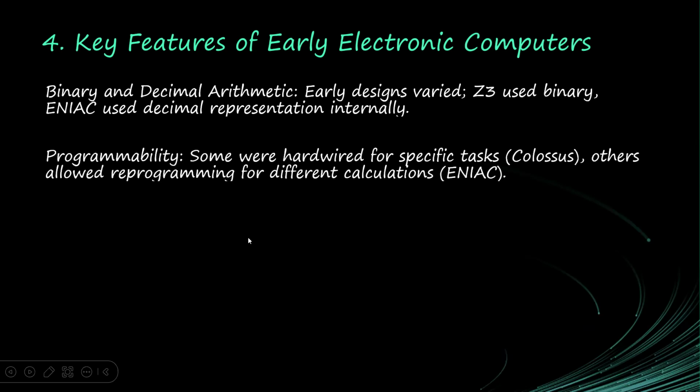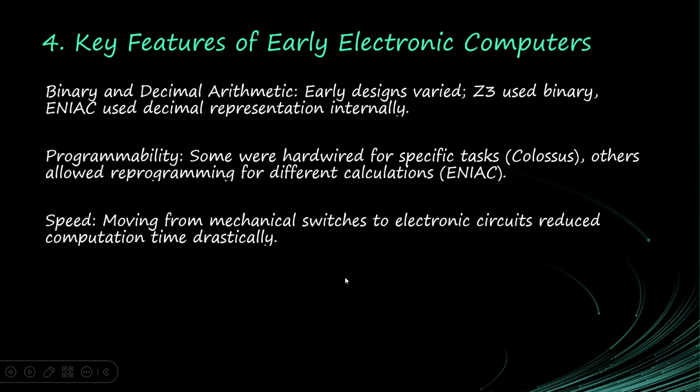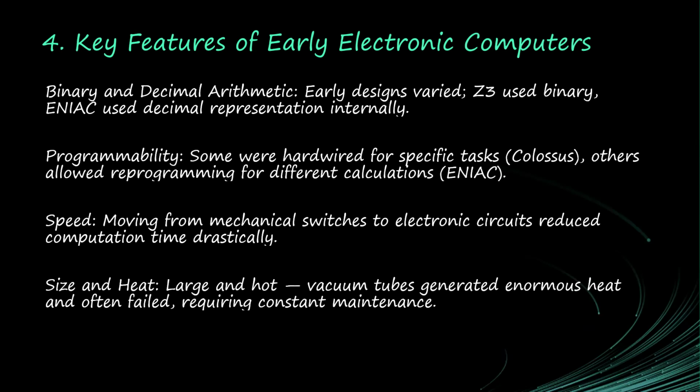So the programmability: some were hardwired for specific tasks, just like the Colossus, while others allowed reprogramming for different calculations, like the ENIAC. Okay, so the speed: moving from mechanical switches to electronic circuits reduced the computation time drastically. That means they were faster in solving problems.